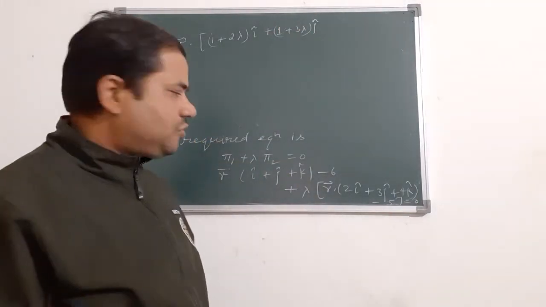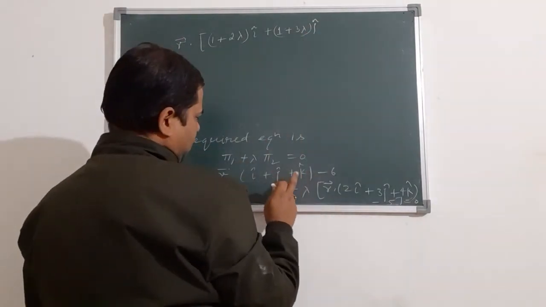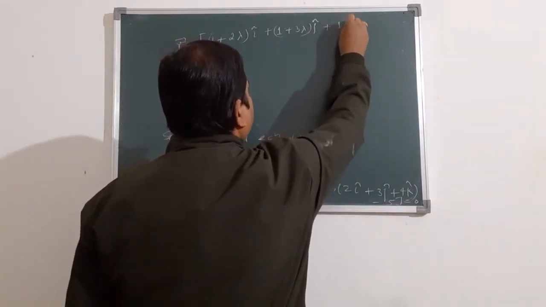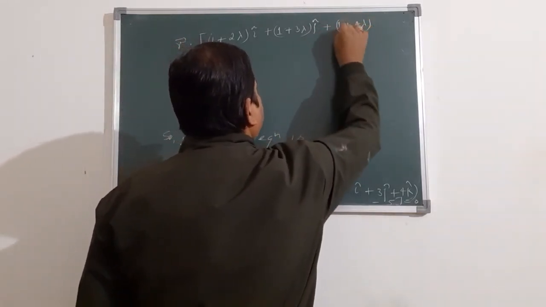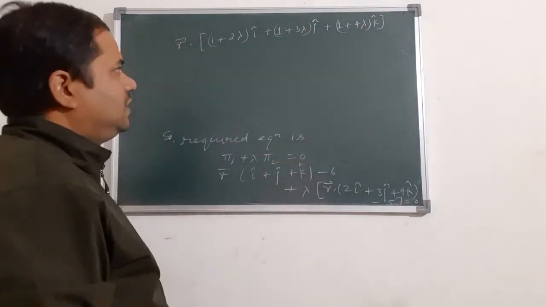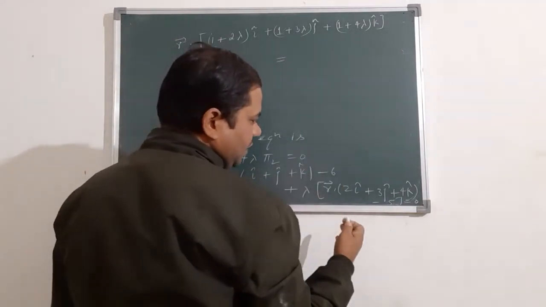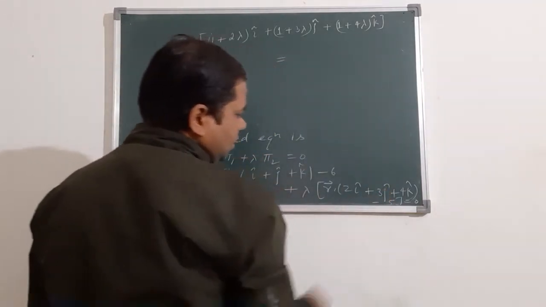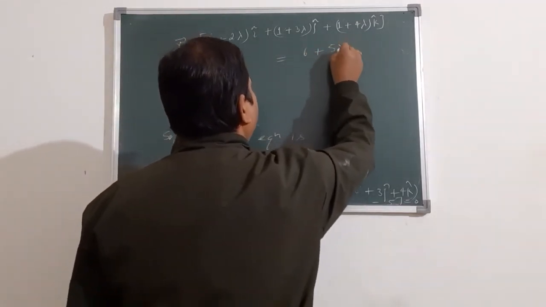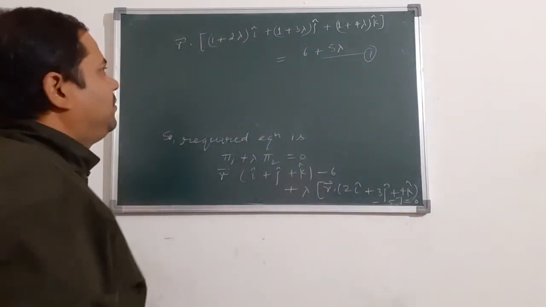We just collect the coefficients of i cap, j cap and k cap. This is equal to 6 plus 5 lambda. Suppose this is equation number 1.